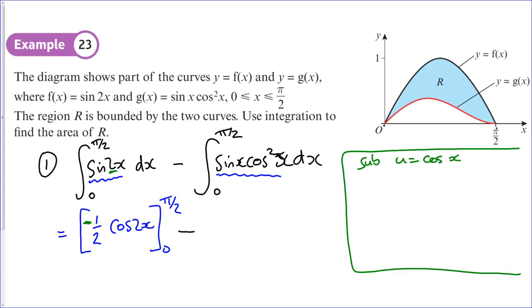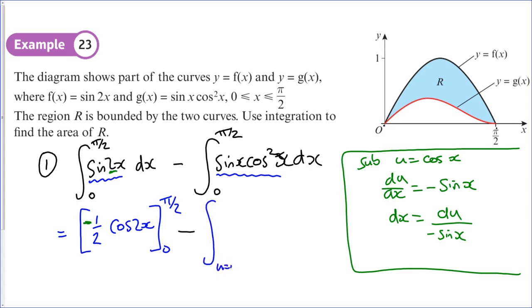So if you use u equals cos x, you get du by dx is minus sin x. So if you differentiate cos, you get minus sine. So you get dx is du over minus sin x. And we're going to substitute that in here. So we get the integral from x equals 0.